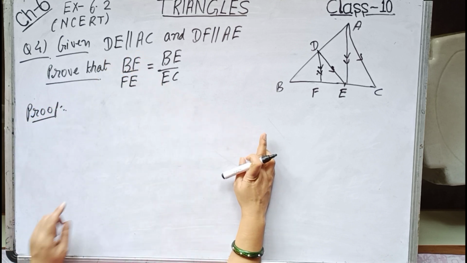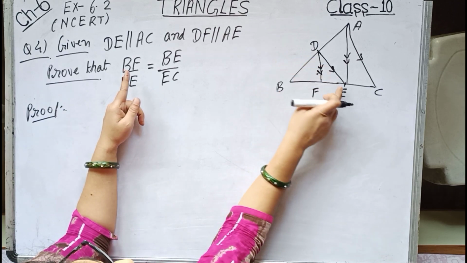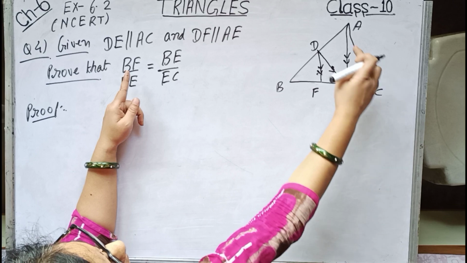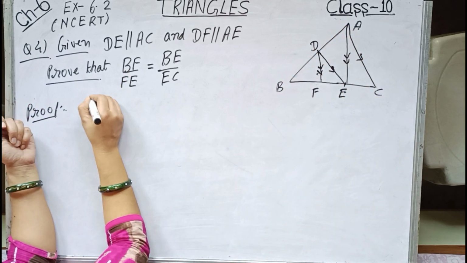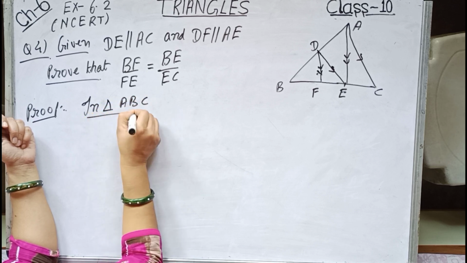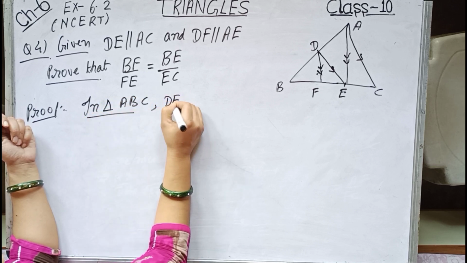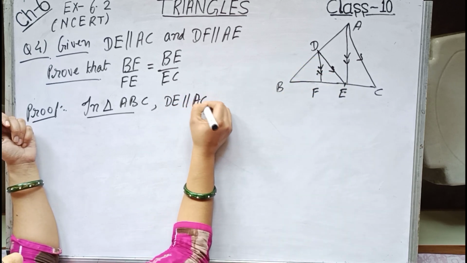DE parallel to AC. Let us find the triangle in which DE is parallel to AC. Obviously that triangle is triangle ABC. So in triangle ABC, DE is parallel to AC.